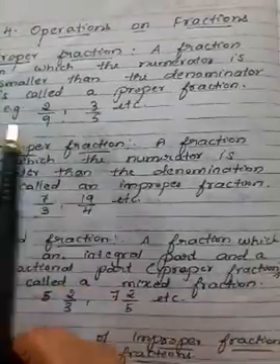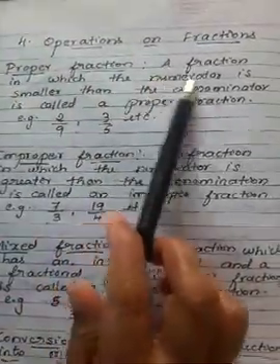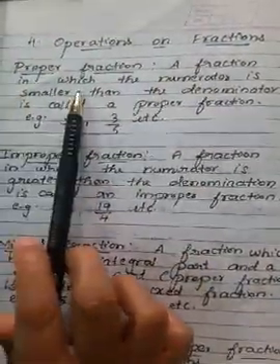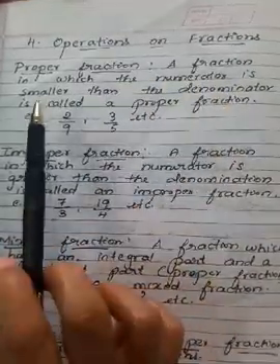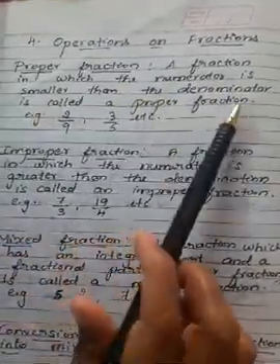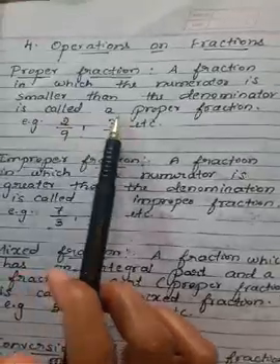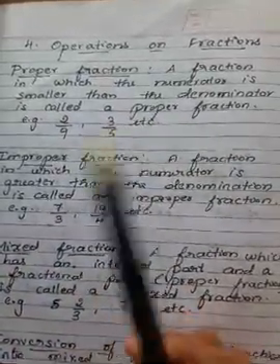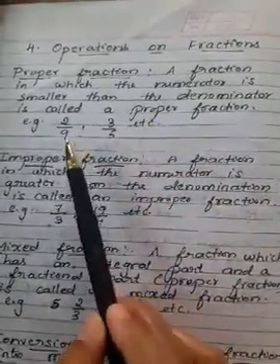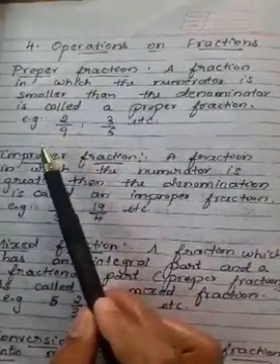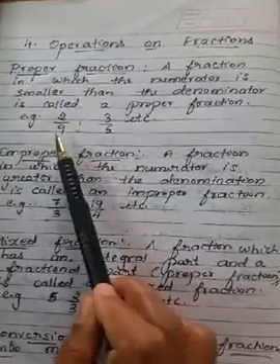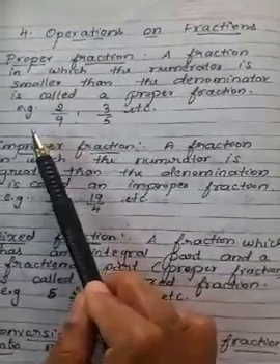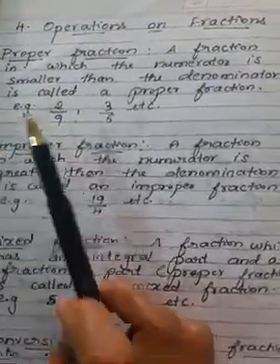Proper fraction means a fraction in which the numerator is smaller than the denominator is called a proper fraction. So what is proper fraction? If the numerator is smaller than the denominator, then that fraction is called proper fraction.